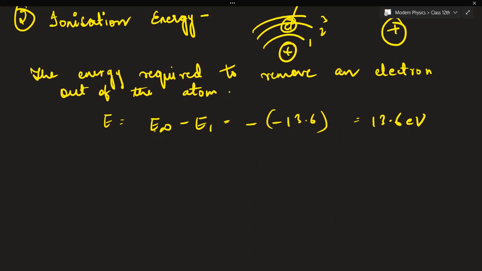In ionization potential, it is the accelerating potential that is required. That is just the difference.